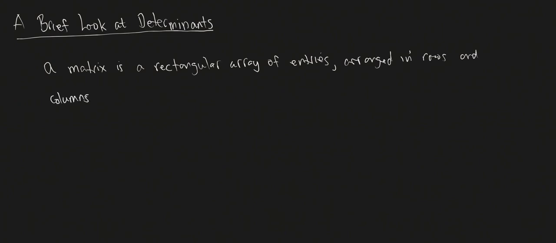And there's several ways that you can represent a matrix. You can represent it using square brackets, and it's a rectangular array of entries arranged in rows and columns.